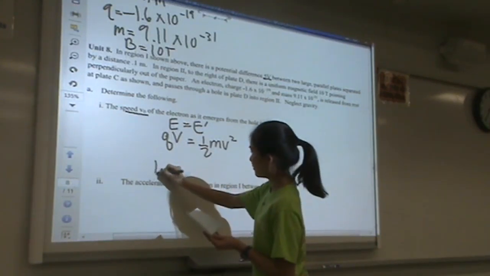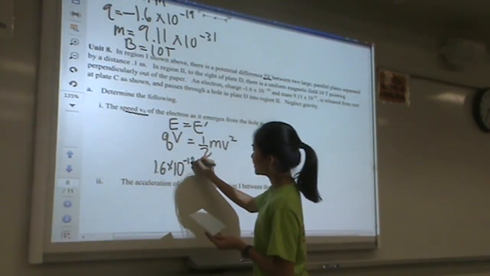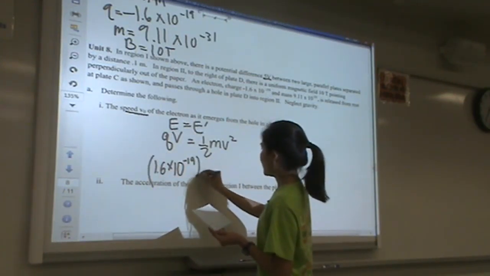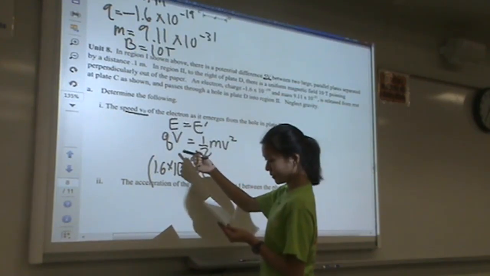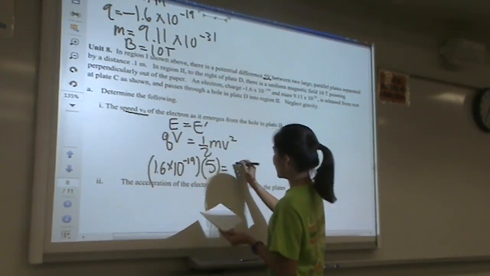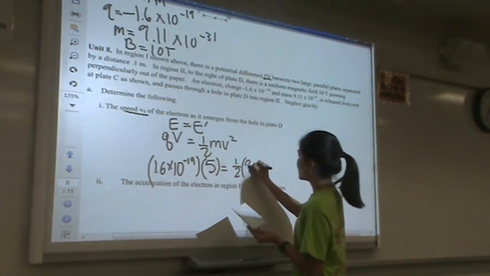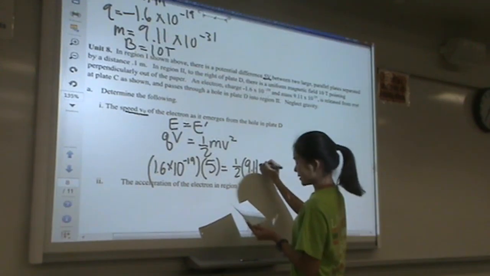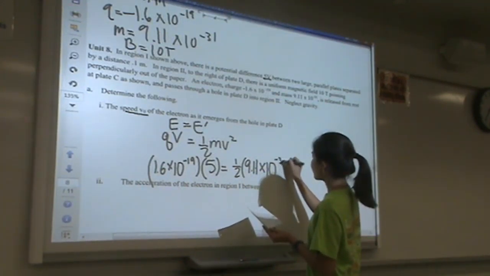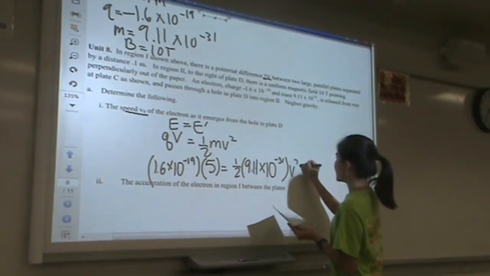So 1.6 times 10 to the negative 19. Use the magnitude, not the negative value. Then you multiply that by the electric potential, which is 5 volts, and that equals 1/2 times your mass, which is 9.11 times 10 to the negative 31st, multiplied by V squared.